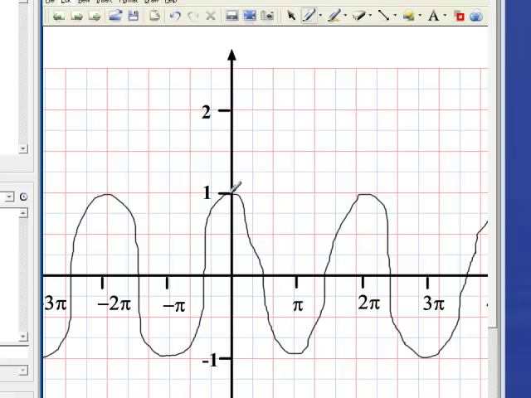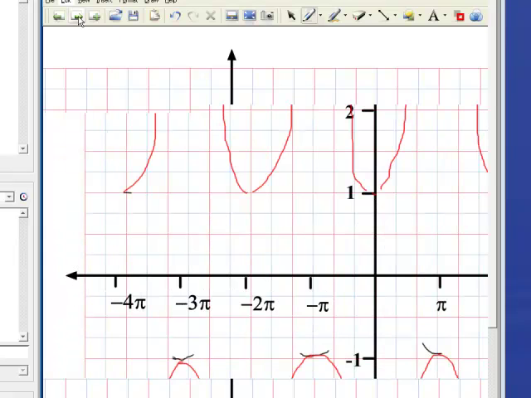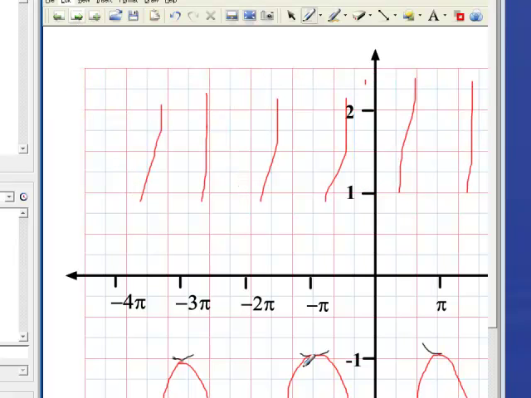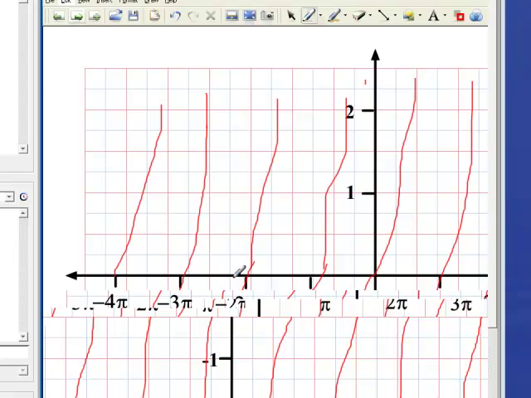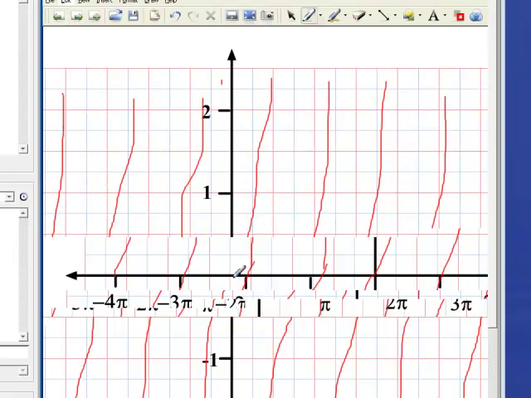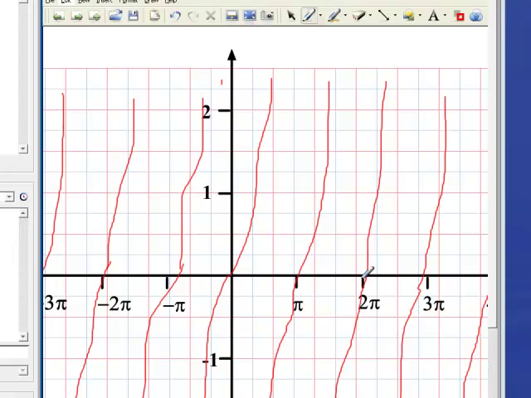The cosine is 1 at 0 and at 2 pi. So we keep that in mind. The tangent is 0 at 0 itself, pi and 2 pi, and the tangent is undefined at pi over 2, 3/2 pi.